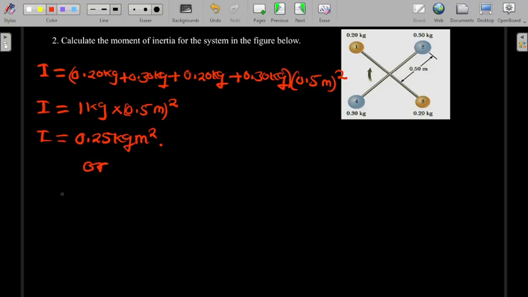Or you can also find the moment of inertia for each pin, then you add. So the moment of inertia for the first pin is its mass 0.20 kg, multiplied by the radius, which is 0.5 meters, squared. Then we move to the second pin, which has a mass of 0.30 kg, and the radius is 0.5 meters, squared.